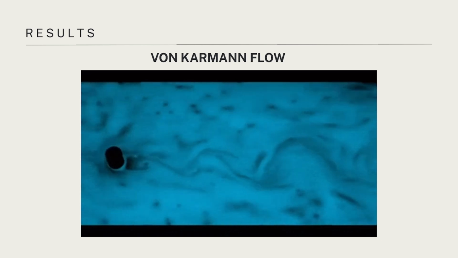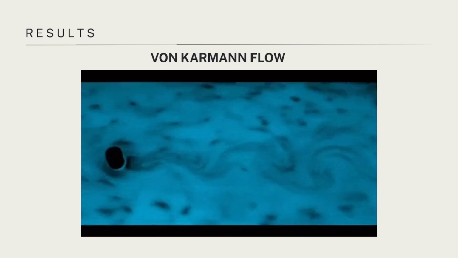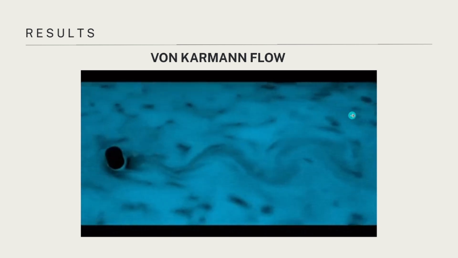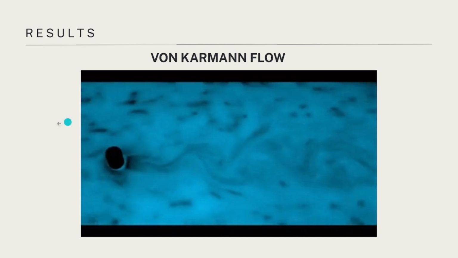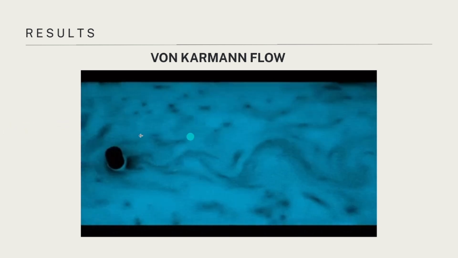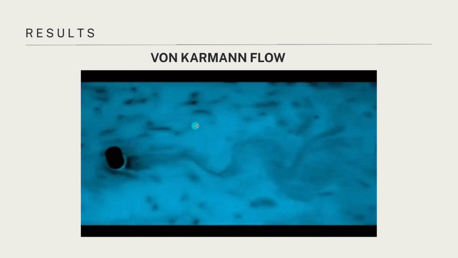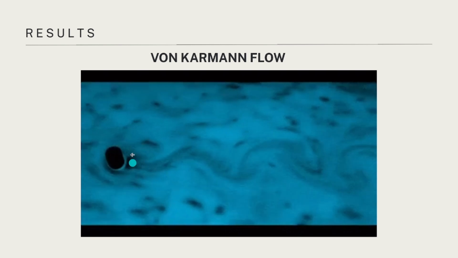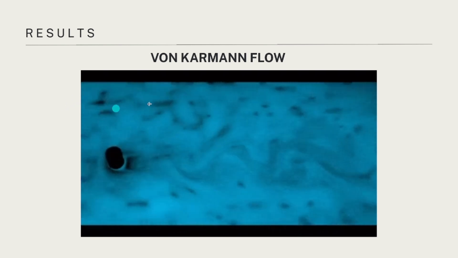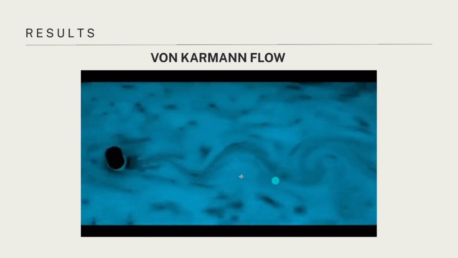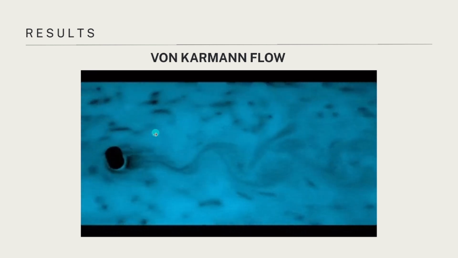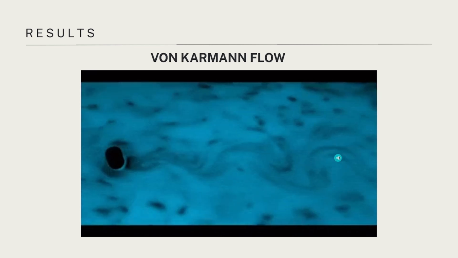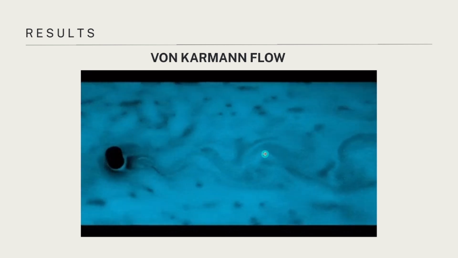Okay, we can take a look at the results. That is basically the fun part of it. Here we can visualize the von Karman vortex street. That is basically a classical fluid experiment where we have a cylinder placed in a flow, and after a while the flow that we can see here forms a pattern of alternating vortices, which is called the vortex street.